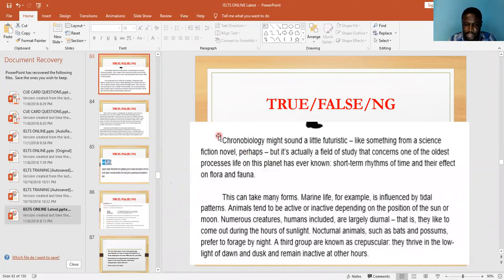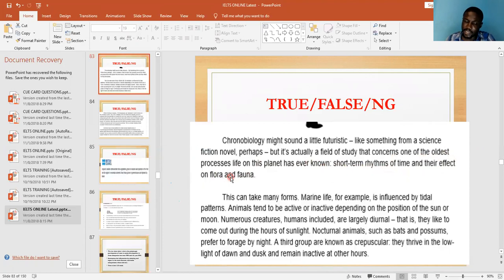Okay, this one is saying chronobiology might sound a little futuristic, like something from a science fiction novel, perhaps, but it's actually a field of study that concerns one of the oldest processes life on this planet has ever known: short-term reading of time and their effect on fauna or flora.